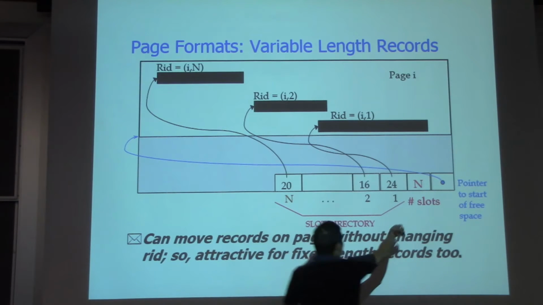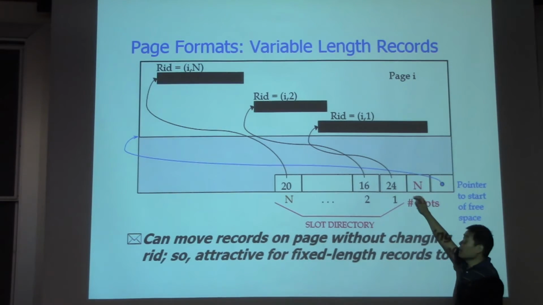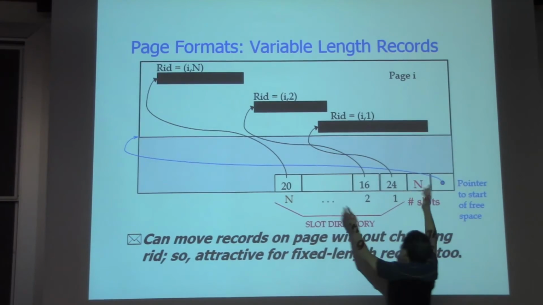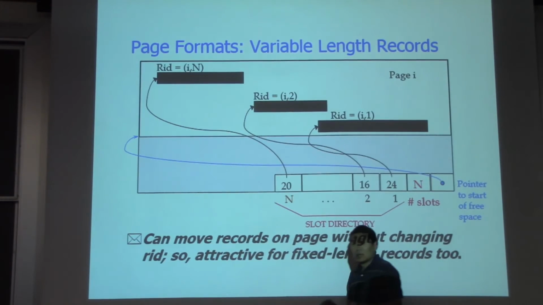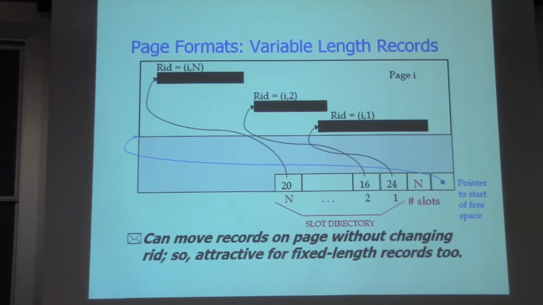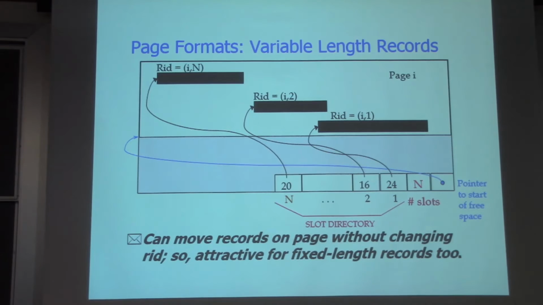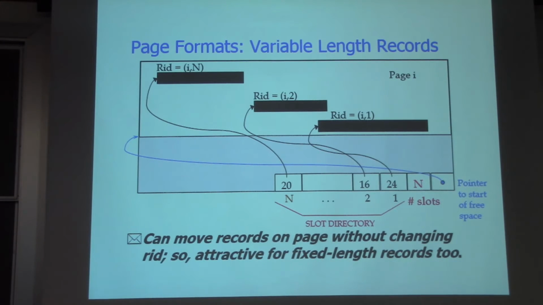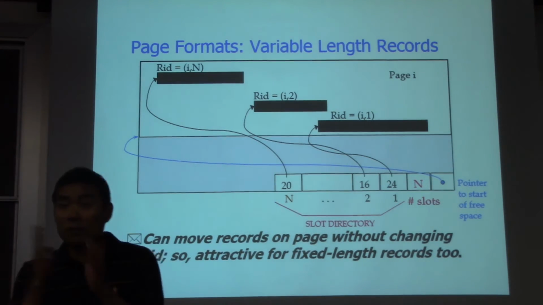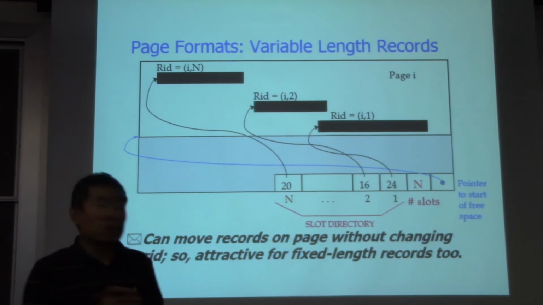Now, this n denotes the number of slots in your slot array. And after this, from here to here, are n slot entries. Each entry follows the same structure, but having different values. What's the structure of the slot entry?